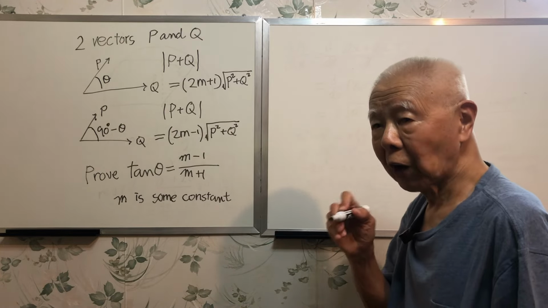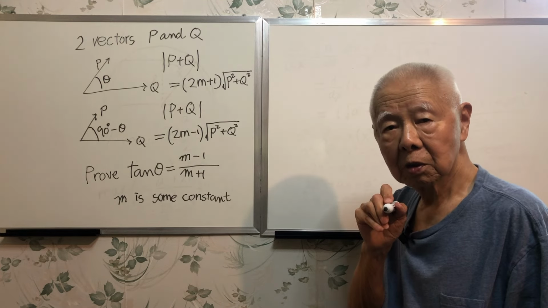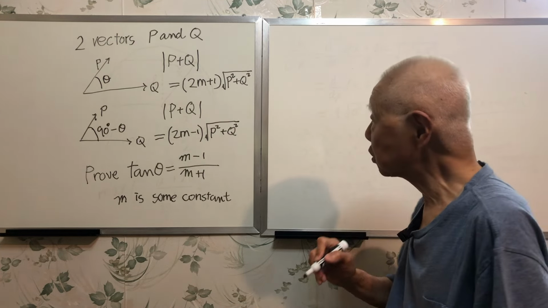So how do you find the magnitude of the resultant of two vectors?